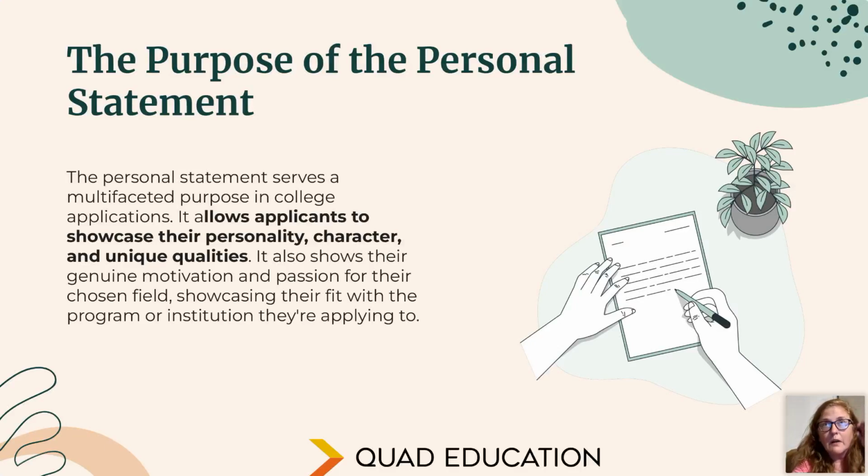So admissions officers, when they're reading your personal statement, are looking for a couple of things. They're looking for who you are as a person, distinct from who you are as a student. Like what makes you you? Some unique qualities, some unique stories that you might want to share about what your motivation is, what your passions are, what your talents are, and then really articulating how you're going to translate that into a community setting.